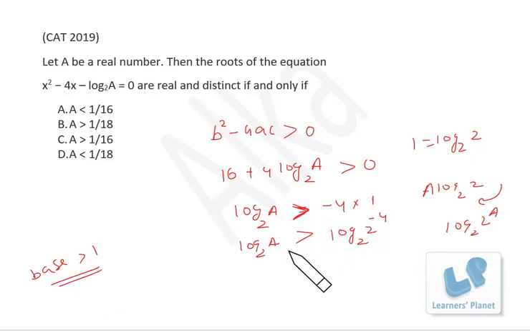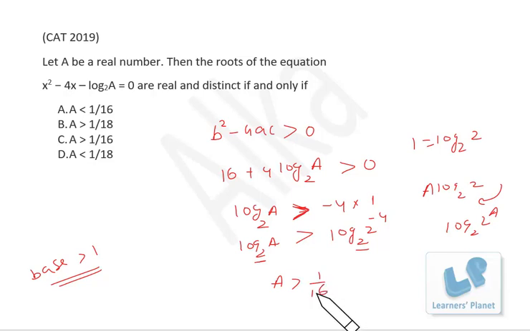If the base is less than 1, then when we take antilog, the sign of inequality will be reversed, and a would be less than 2 raised to minus 4. But here we have the base more than 1. That means a has to be greater than 2 raised to minus 4, or I can say 1 by 16.